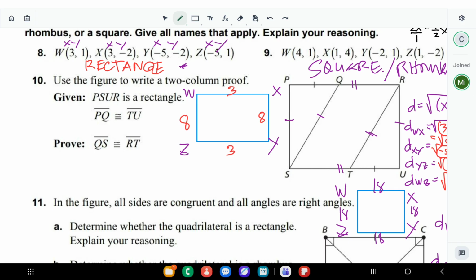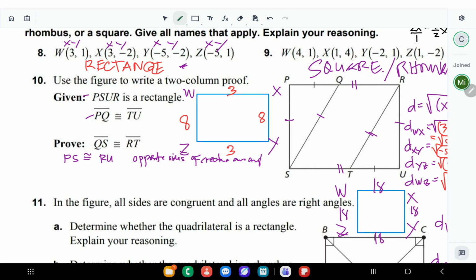So you write the given, and then what else? Since opposite sides of rectangles are congruent, PS is congruent to RU. Your reason will be opposite sides of rectangles are congruent. They form two triangles here.